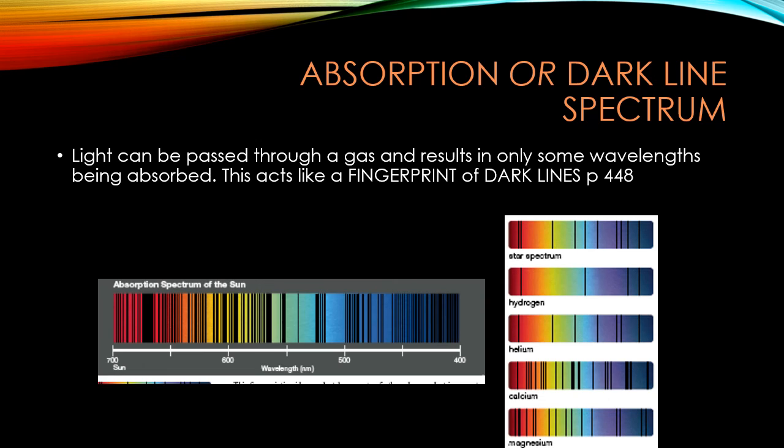So it's absorbing, and it's important to know, are you looking at an absorption or an emission? And here, these dark lines will act like a fingerprint, and it's kind of like a puzzle to say which elements will recreate this spectrum of the sun, and we can take an educated guess about what that star or sun is made up of.